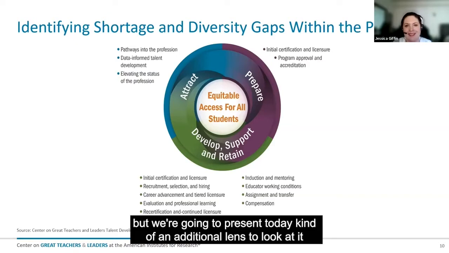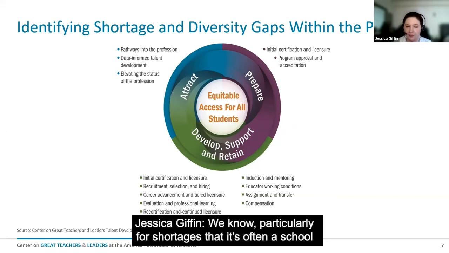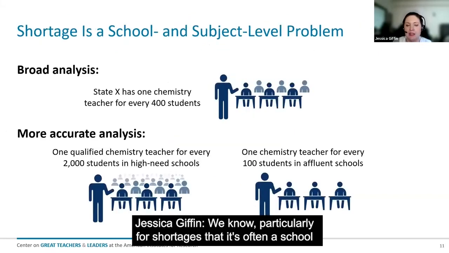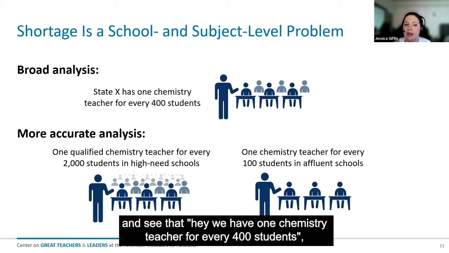But we're going to present today an additional lens to look at it and to explore in the context of place. We know, particularly for shortages, that it's often a school and subject level problem. So you might be a state and you look at your data and see that, hey, we have one chemistry teacher for every 400 students.